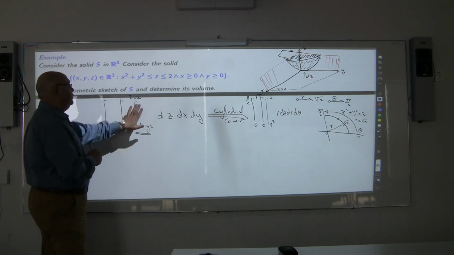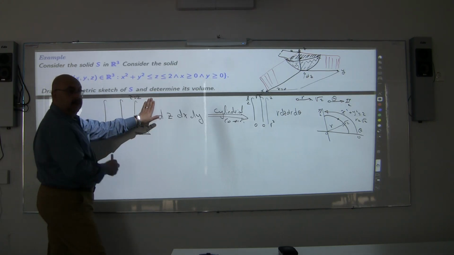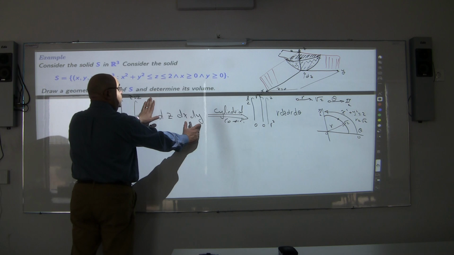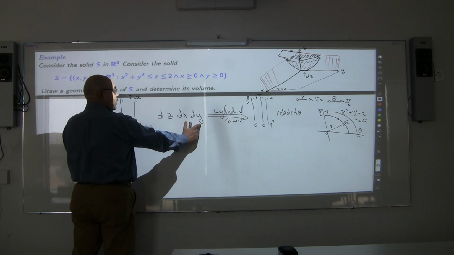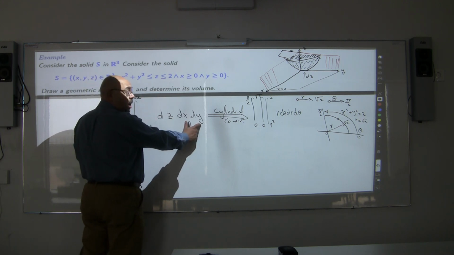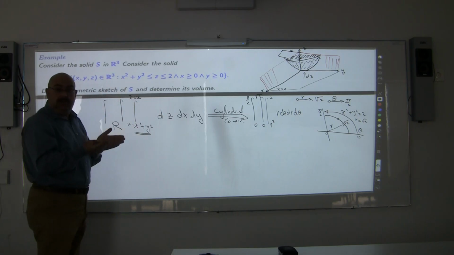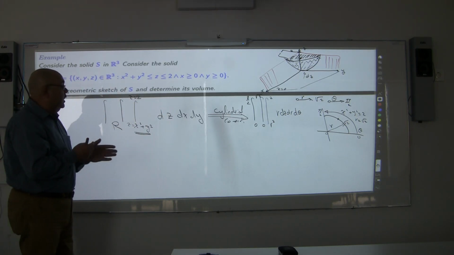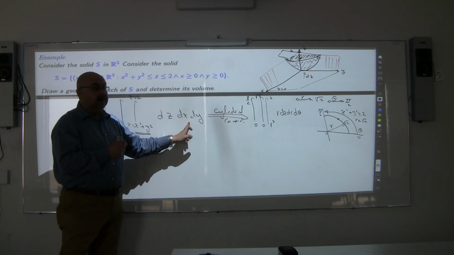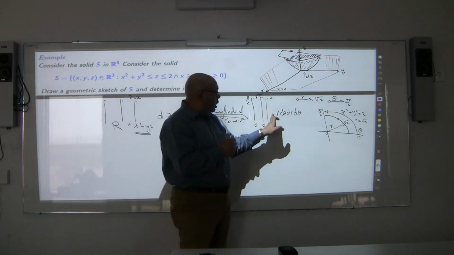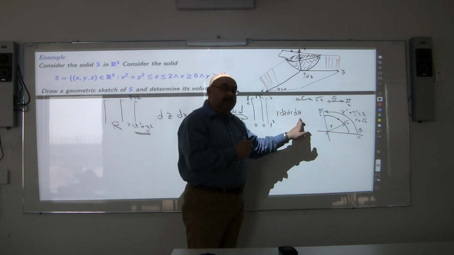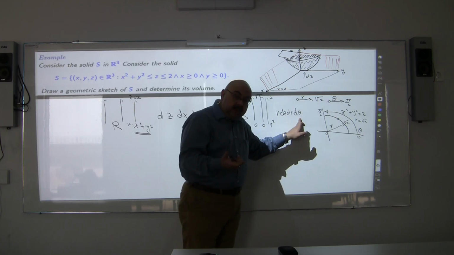I have calculated the z direction. Instead of dealing with dz dx dy, I will make the change of variables to cylindrical coordinates. So instead of dz dx dy, I will replace it with r dz dr d theta, cylindrical.